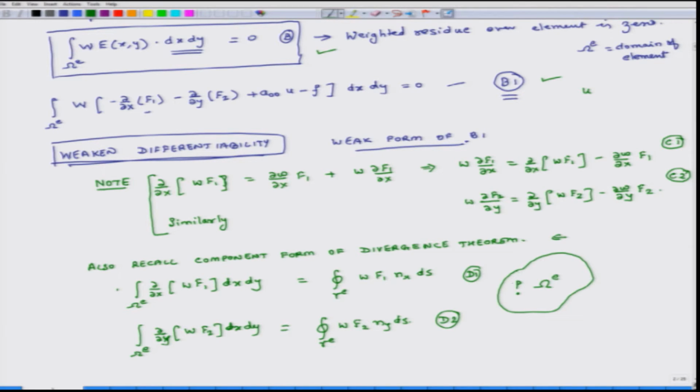This entire thing is the domain. Then that integral can also be evaluated by finding the values of W and F1 on the boundary. So, this is my boundary. I do not have to find all the values of F1 and W in the domain, but I can calculate the left hand side using the right hand side equation by finding the values of F1 on the boundary. Let us say this is another point P2.